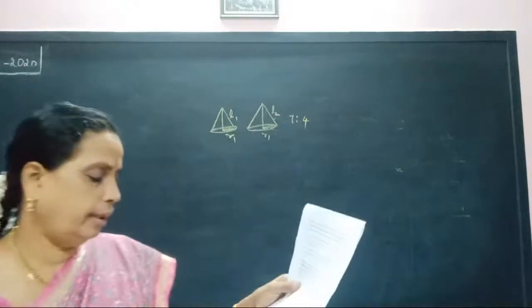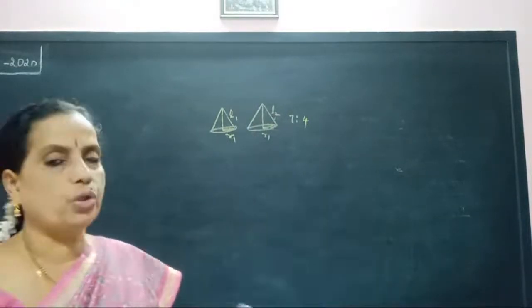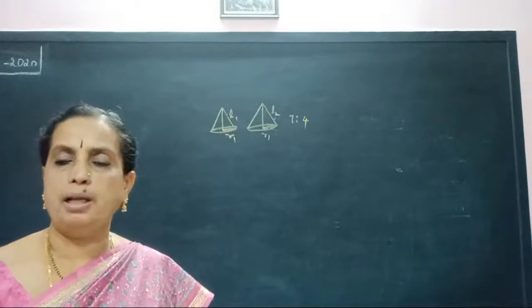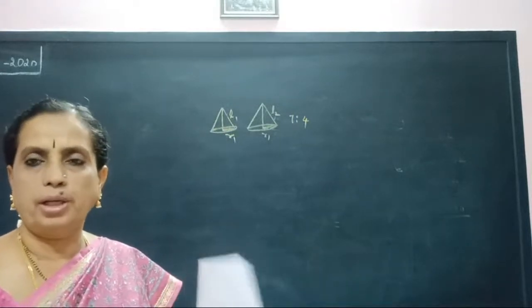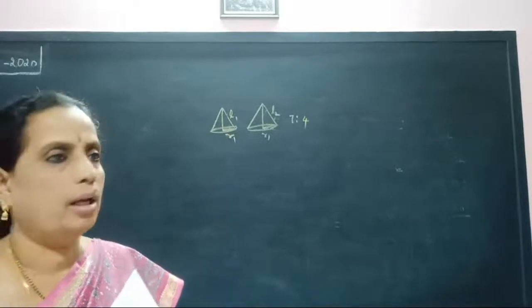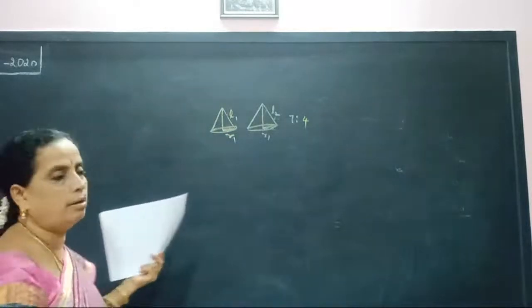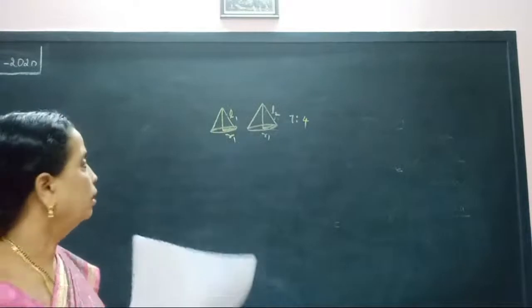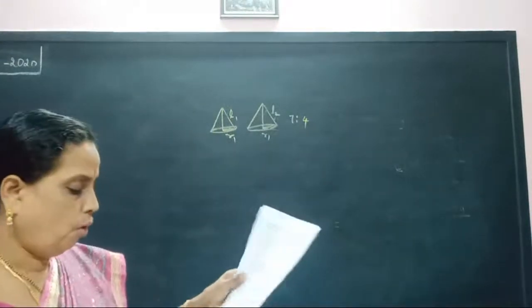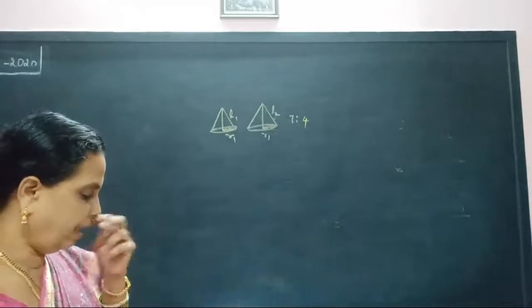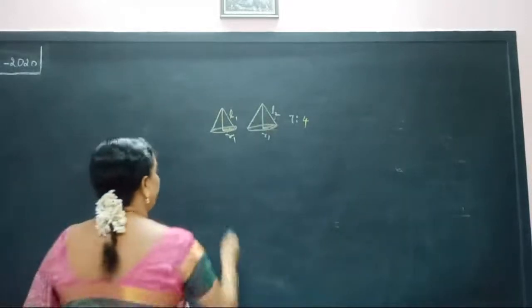The diameters of the two cones are equal. When the diameters are equal, of course the radius also, being half of the diameters, are equal. And the ratio between the slant heights is 7:4. What is the ratio between their curved surface areas?